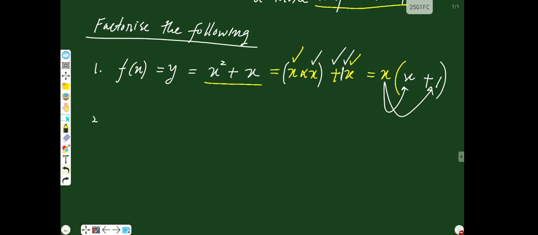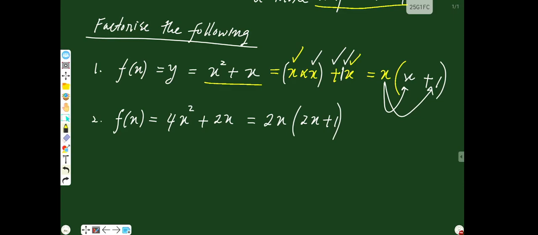Now if you think about this one, f(x) is equal to 4x squared plus 2x. Then you can see 2 is a common thing, x is common also, so you can take 2x out. So here you get 2x and plus 1. So this is what we call factorization.